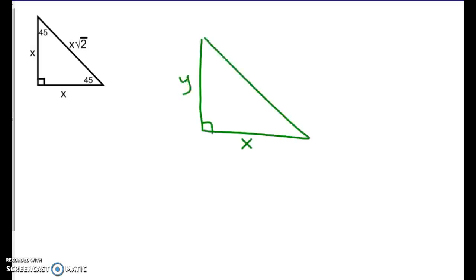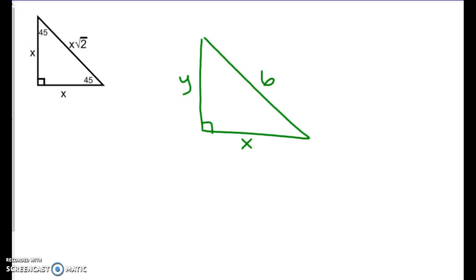All right, I want to go through one more where we're given the hypotenuse. For this example, let's say we have y and x, and our hypotenuse is 6.